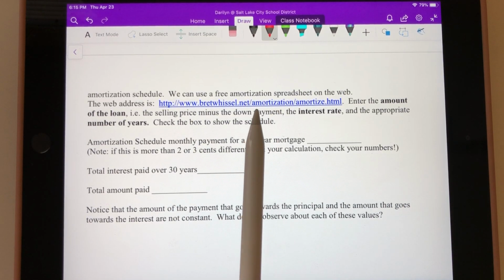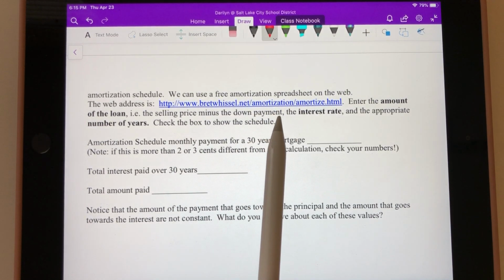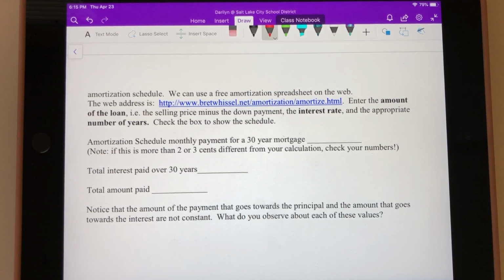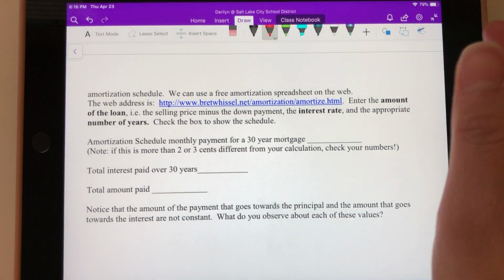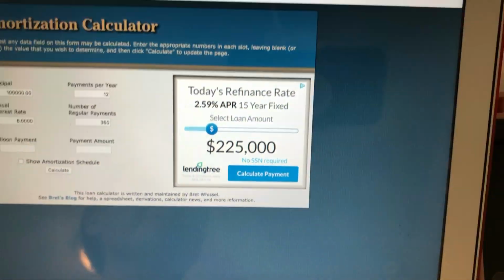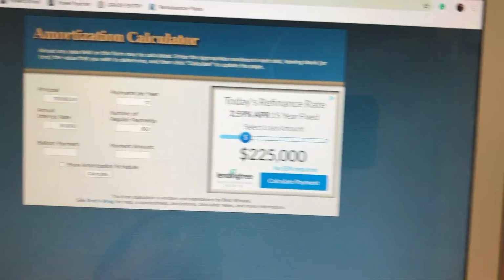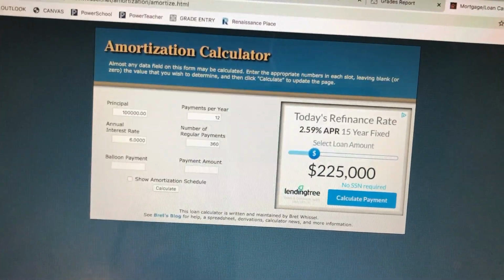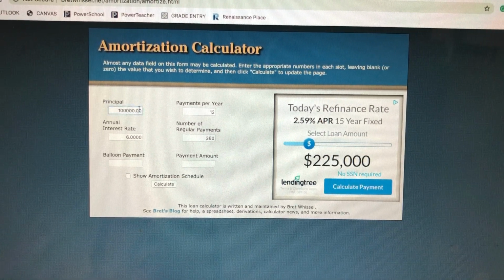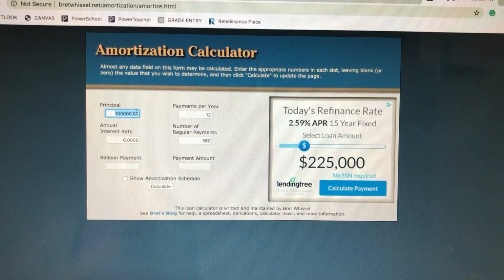Now this website is going to give you an amortization schedule. What that means is that you're going to see how the bank receives the money for the loan over the 30 years. So I already opened up that link for us to look at in the amortization schedule. The principal amount here is the amount that the loan is for.